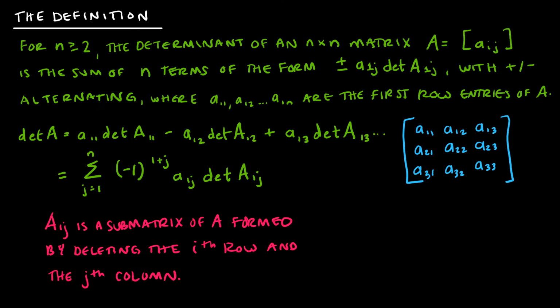Here's our definition. Just know that this definition will make a lot more sense when we actually do an example, but we should talk about the actual mathematical definition first.